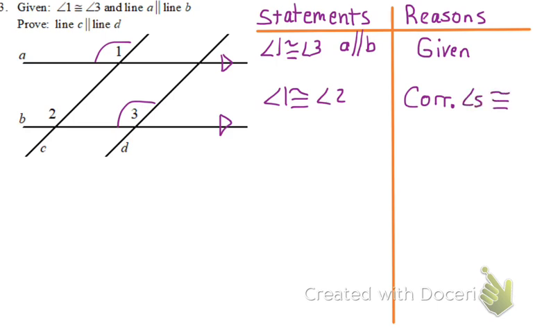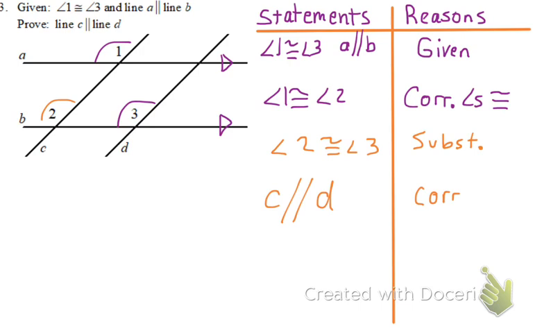Now if we put these statements together, we can say that angle 2 is congruent to angle 3, and you could say either transitive or substitution. Now when you look at 2 and 3, they are corresponding angles, so we can say line C is parallel to line D because corresponding angles are congruent.